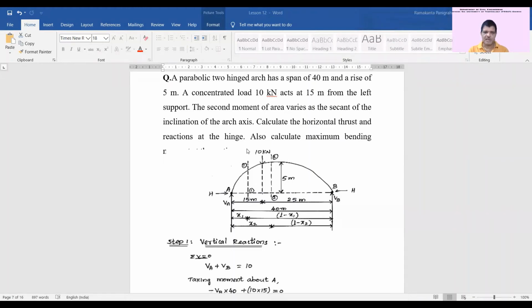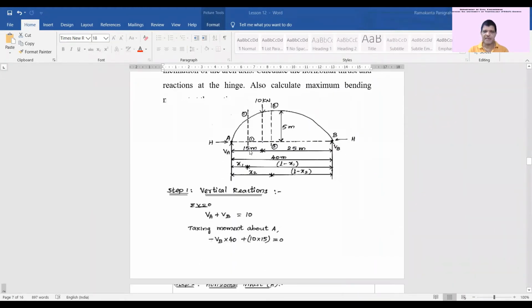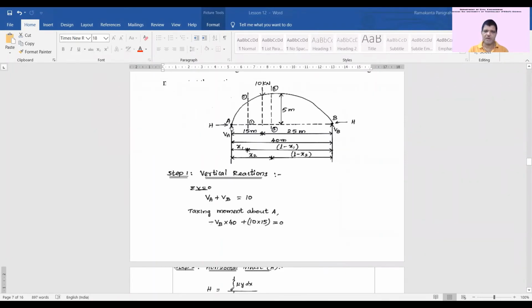Now first you have to calculate the vertical reactions VA and VB, like in the last problem we discussed. Take sigma V equal to 0, and take moment at either end A or end B, and calculate the value of the vertical reactions. If you take sigma V equal to 0, then VA plus VB is equal to 10 kilonewton. And if you take moment at A equal to 0, then minus VB into 40 plus 10 into 15 is equal to 0.